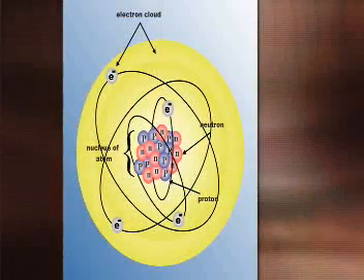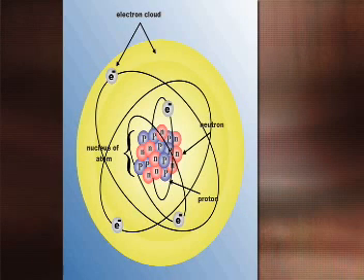Bohr postulated that the electrons in an atom exist in a restricted number of stable orbits with energy levels in which they neither absorb nor emit energy. The principal quantum number designates these orbits.